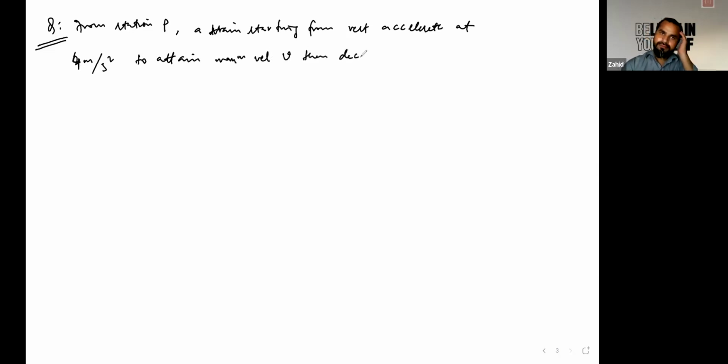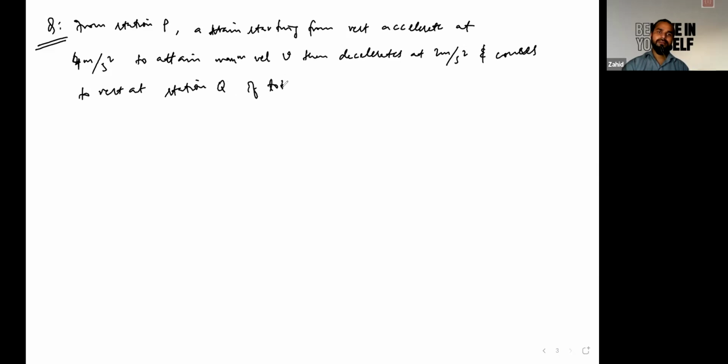Then it decelerates at 2 meter per second square and comes to rest at station Q.